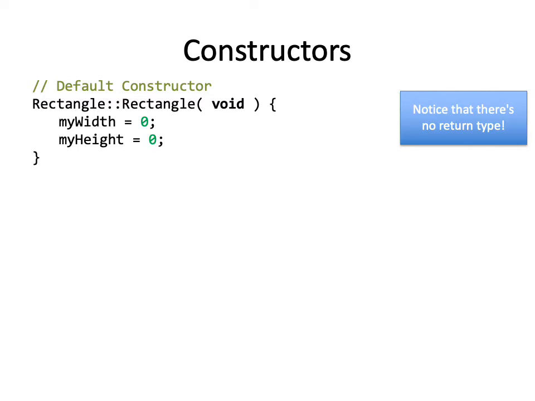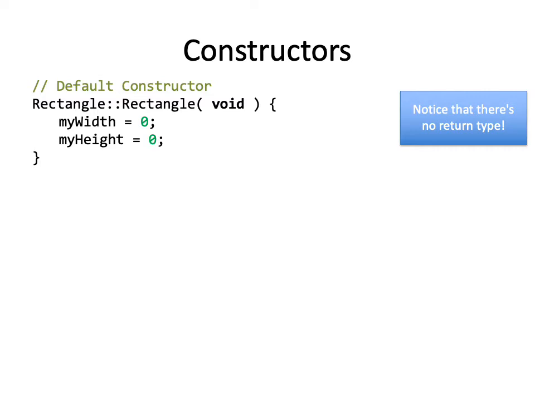Now remember from the last slide that we had the instance variables under the private section called my width and my height, and they were of type double. What I'm doing now is saying, for the default constructor, what should the default width and the default height be if the user doesn't specify what they are? That's an interesting thing, because normally when I initialize a variable, it'll have just garbage values from whatever was left in memory under the hood.